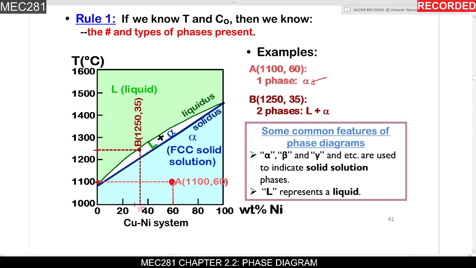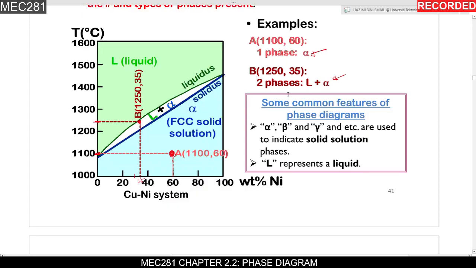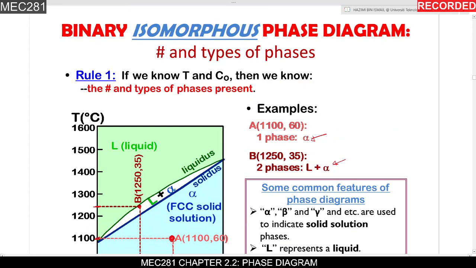The point is in the region of two phases. We have liquid and solid, L and alpha, so you just put L plus alpha. So simple, right? Easy, don't worry. You just need to remember the terms.